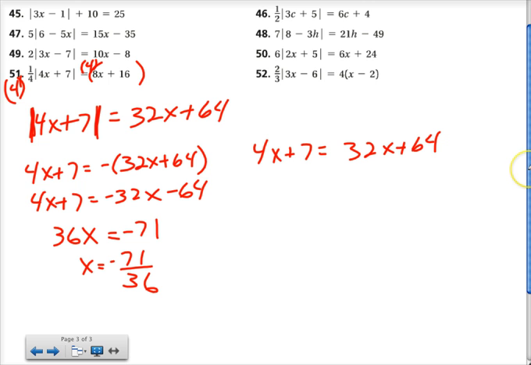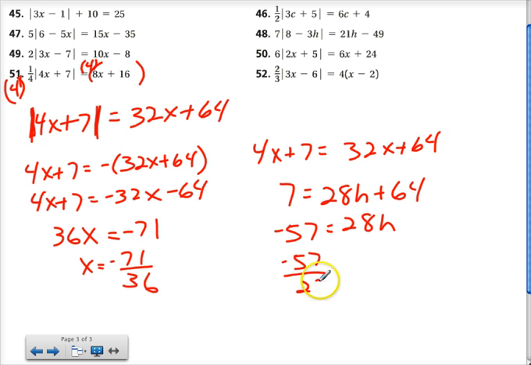And then on the other side, we would subtract the 4x from both sides, subtract the 64 from both sides, and again, a very nasty fraction to work with.